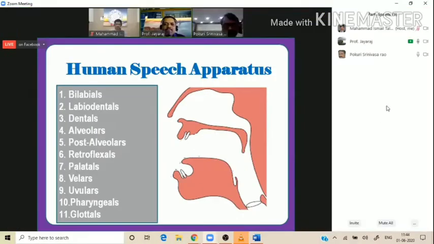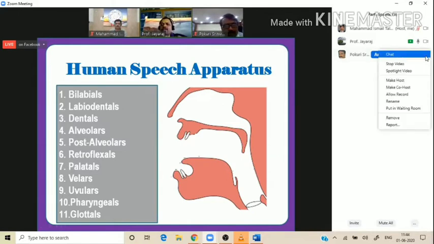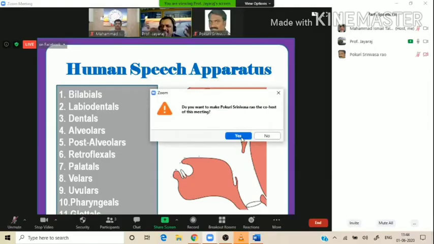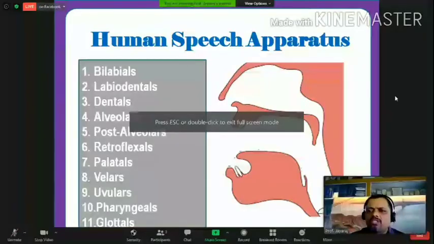When we take up human speech, there are 11 places of articulation across the human languages. In short, humans can use only the 11 places of articulation.